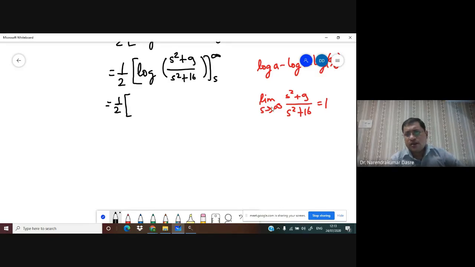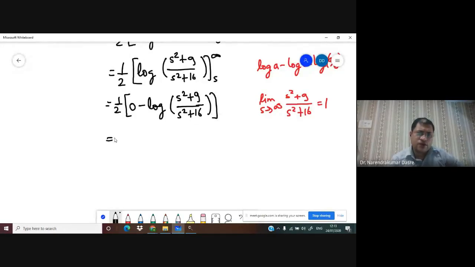Now see, if I take a limit s tends to infinity and this term is going to be 1, so this is going to be 1 and we know log of 1 is going to be 0. Minus, you got here log of s square plus 9 upon s square plus 16. So that's what we have in the limit.